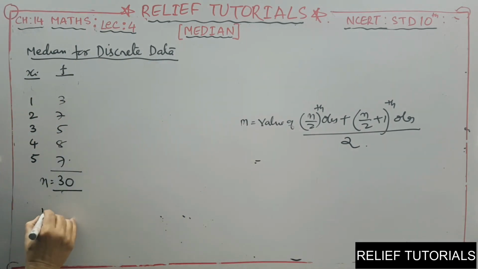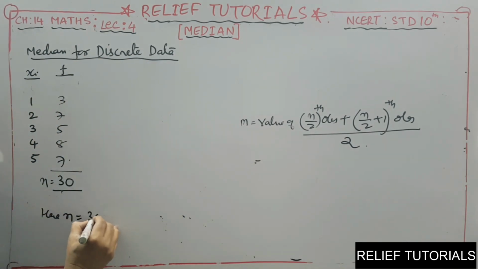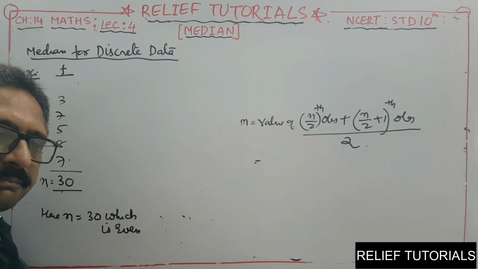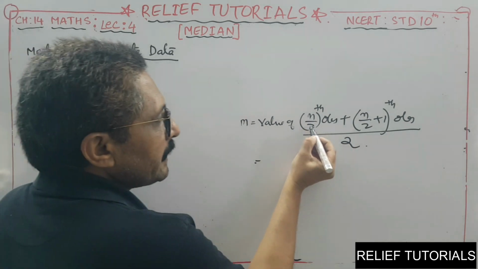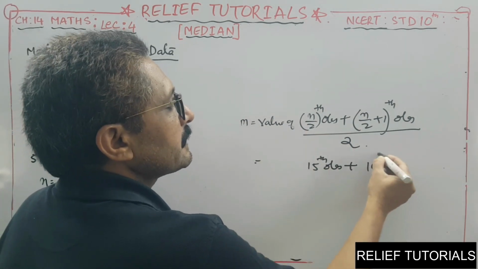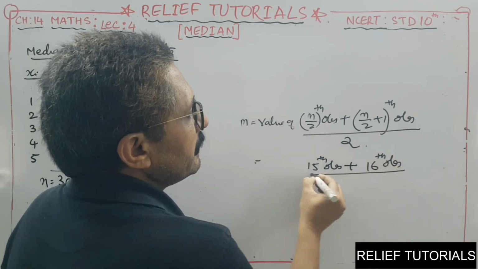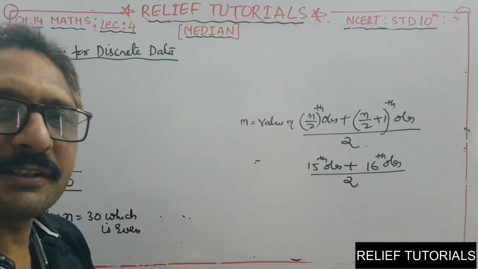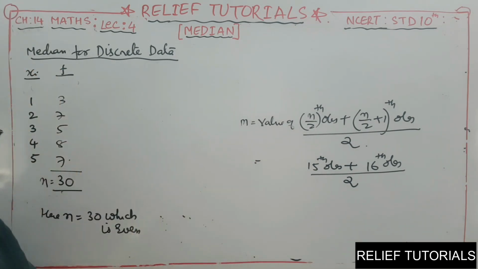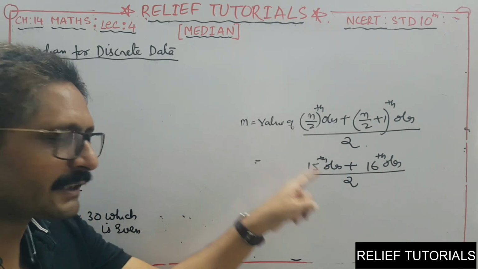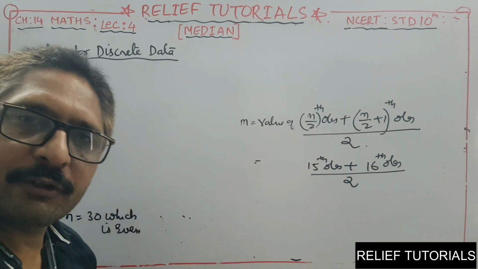Here n is equal to 30, which is even, so we will use this formula to find the median. n is 30, upon 2, so we will get the 15th observation plus the 16th observation, divided by 2. Now the question arises, which is the 15th observation? From here, can you find which is the 15th observation? Which is the 16th observation? For this we require cumulative frequency.